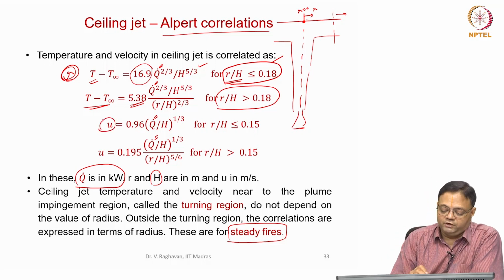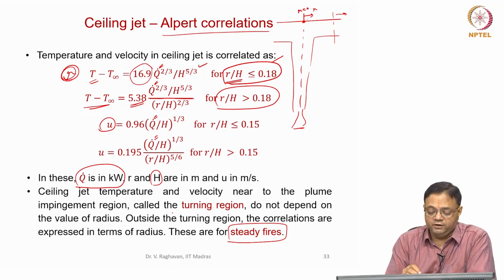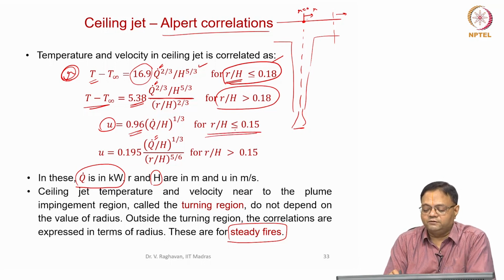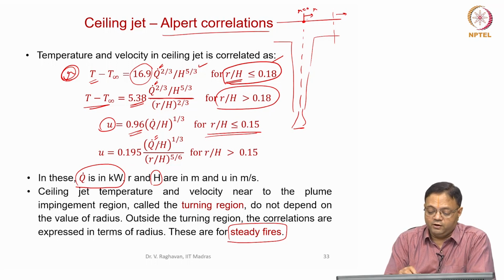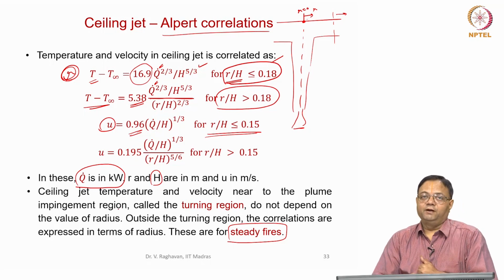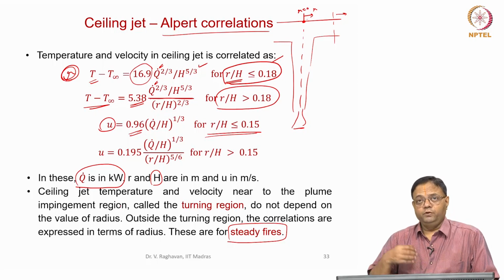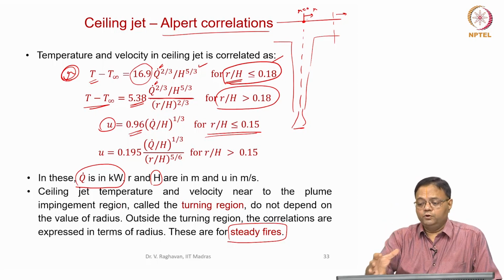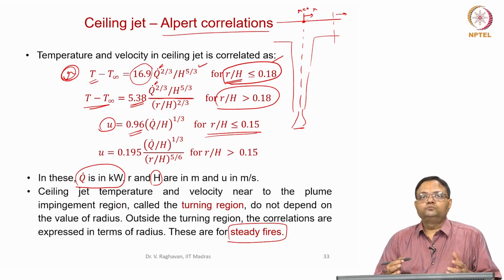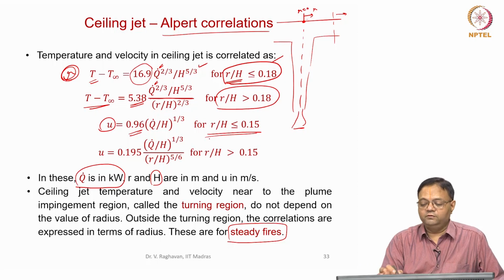Similarly, for velocity, the maximum velocity is 0.96 times Q dot by H power 1 by 3. It's a slightly different value, with r by H less than or equal to 0.15 here. You can see clearly that there is no influence of r, as we saw in T minus T infinity, because the plume is now dominating the temperature and velocity distribution in this radius.